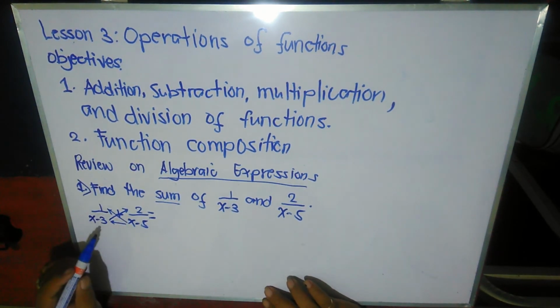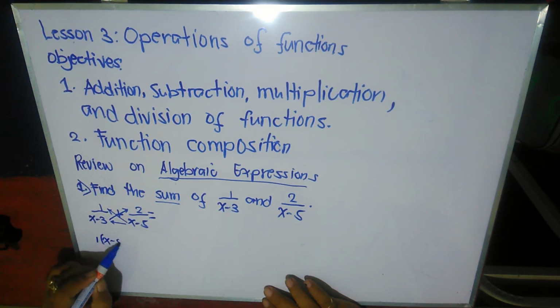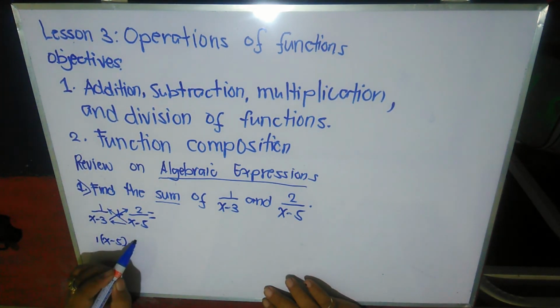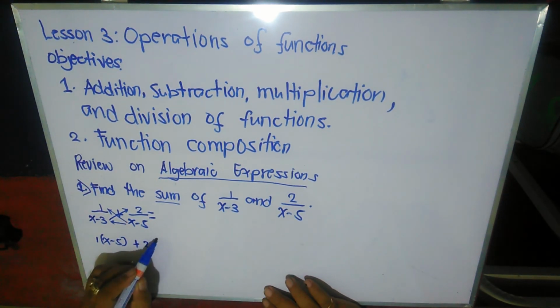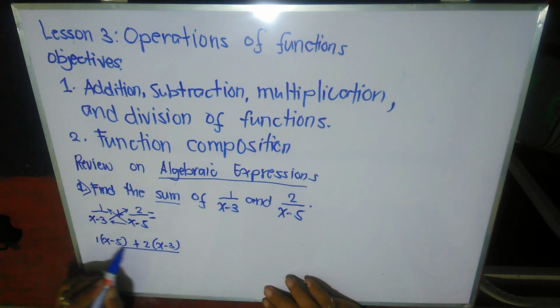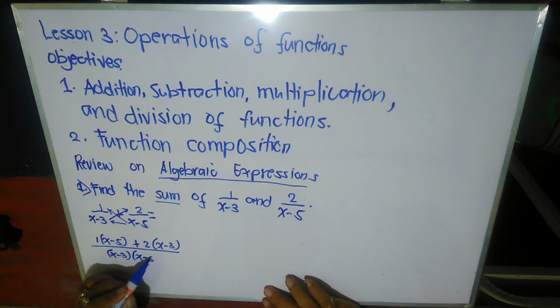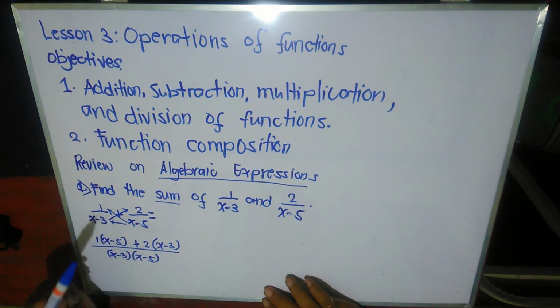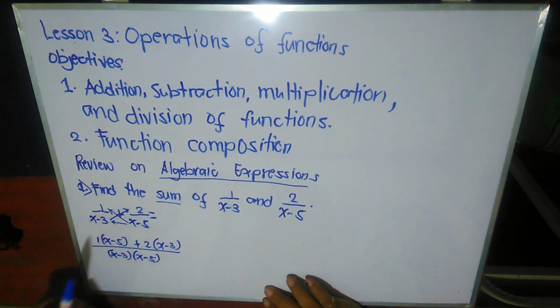So therefore, 1 times x minus 5, then plus 2 times x minus 3, over x minus 3 times x minus 5. By the way class, this solution is applicable if the given are two ratios.